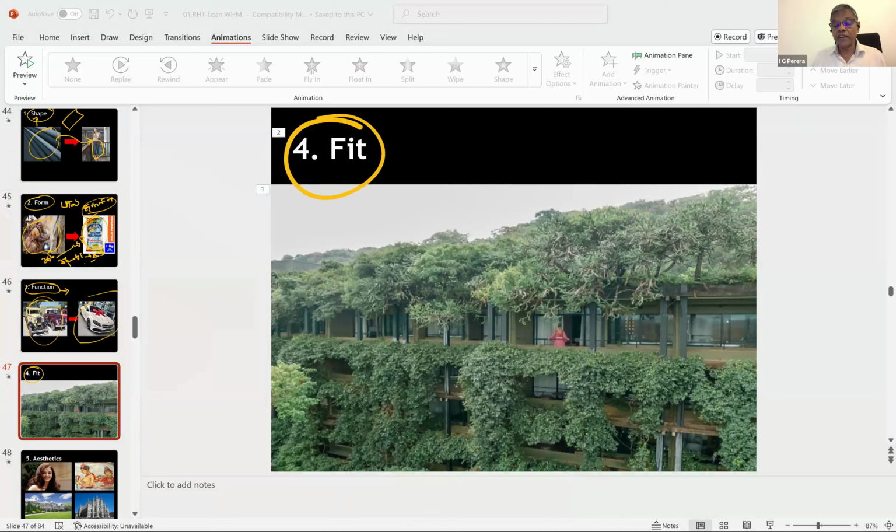So it is fit into the environment then. This hotel is fit into the environment. It can be fit into the environment, it can be fit into the situation, it can be fit into the customer, whatever way, the fit is there. So we have four things now, either shape, form, function, or the fit.